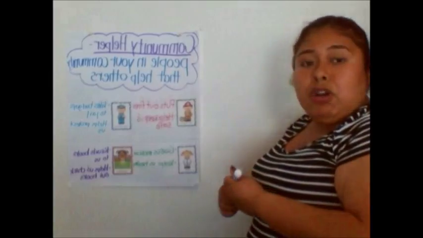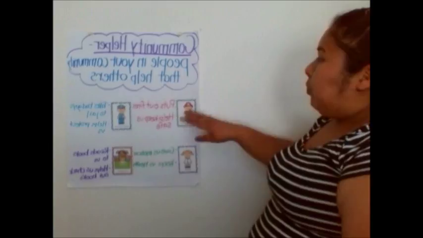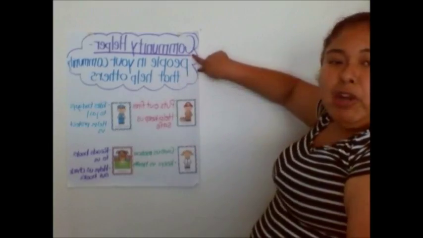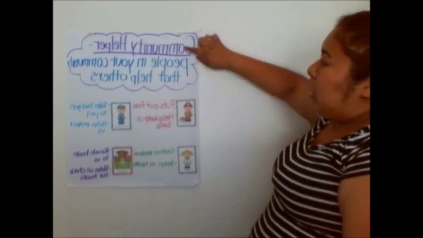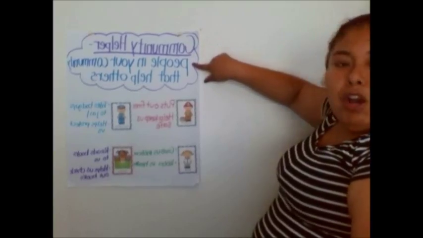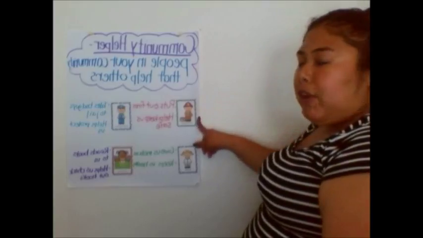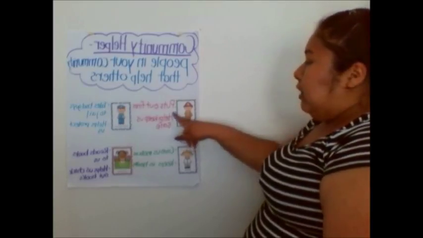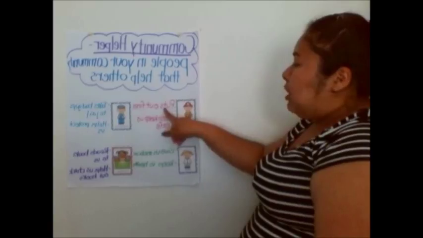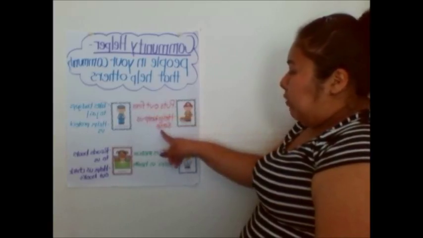Okay, so we're going to go over our four community helpers on our anchor chart again. Let's begin with what a community helper is: people in your community that help others. Our first community helper was a firefighter, and a firefighter puts out fires and helps keep us safe.